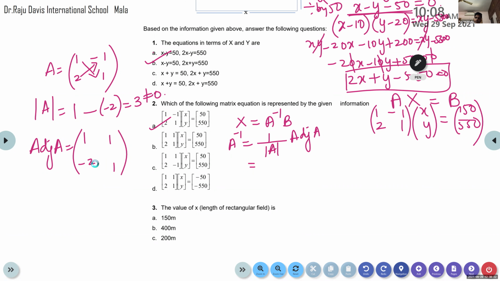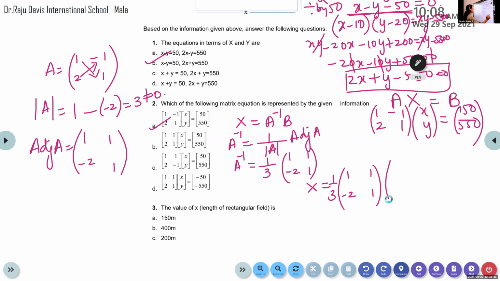So A inverse will be 1 by 3 into 1, 1 minus 2, 1. This is A inverse. Therefore, what is X? X is equal to A inverse into B. 1 by 3 into 1, 1 minus 2, 1 into B. The matrix B is 50, 550.